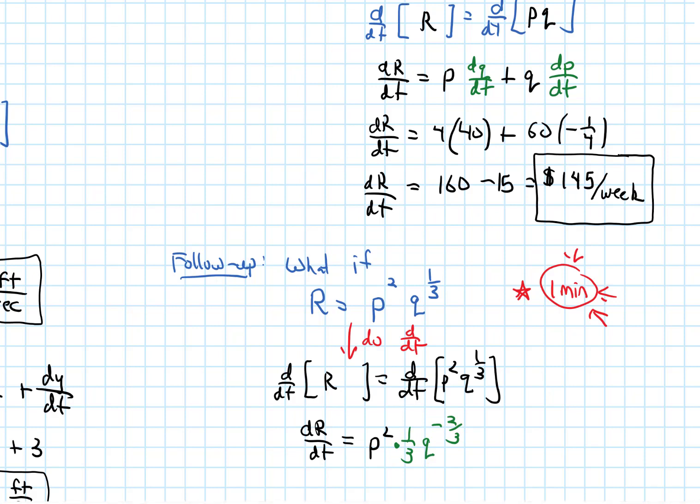But then I have to do the chain rule step and multiply by the derivative of Q, which is dQ/dt. And then plus the second function, Q to the 1/3, times the derivative of the first. The derivative of P squared will start off as 2P, but then there's the chain rule step, and you have to multiply by the derivative of P, which is dP/dt. So if I did need to do product rule and implicit differentiation with a d/dt on something like this, this is what it would look like.